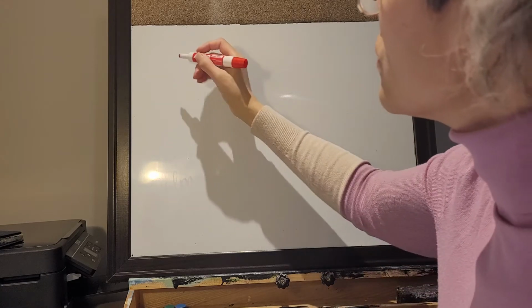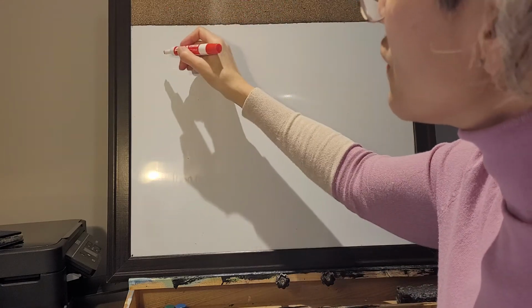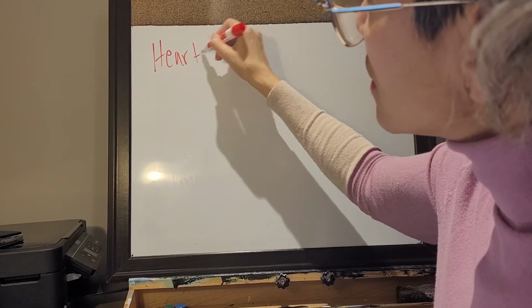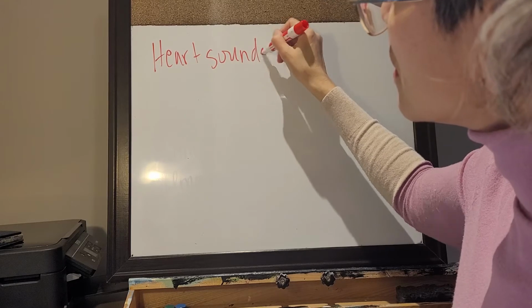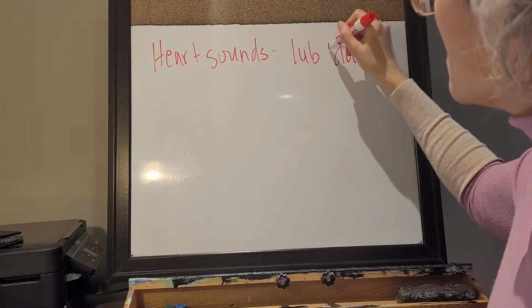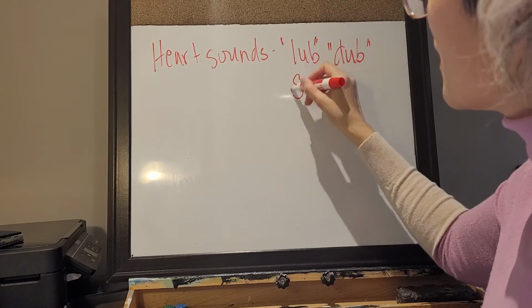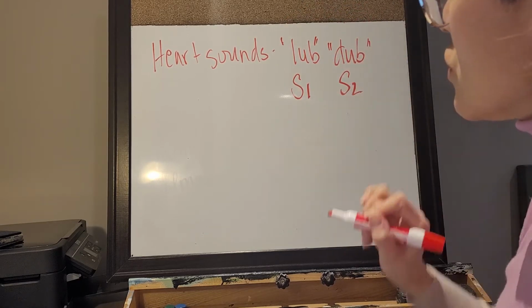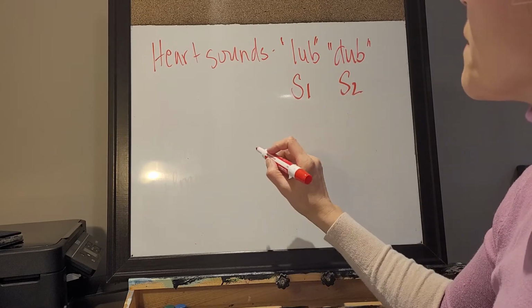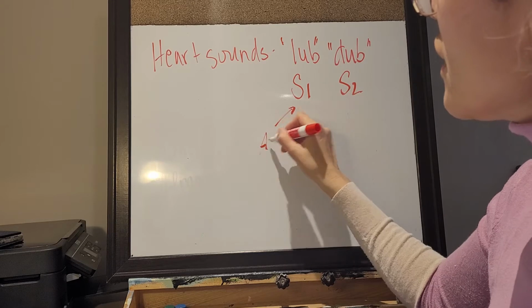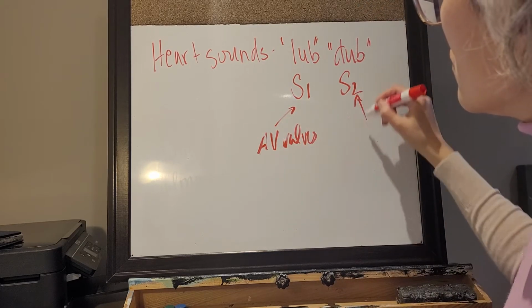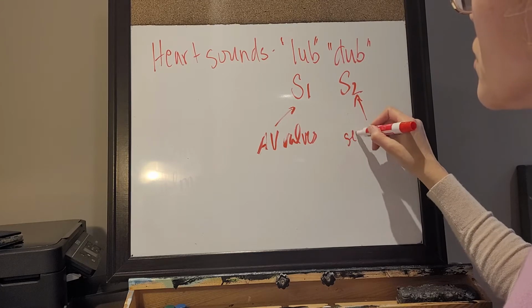Going back for a minute to the valves, make sure that you know heart sounds. That is lub, dub, S1, S2. These are sounds created by the closure of the valves. S1 is the closure of the AV valves, and S2 is the closure of the semilunar valves.